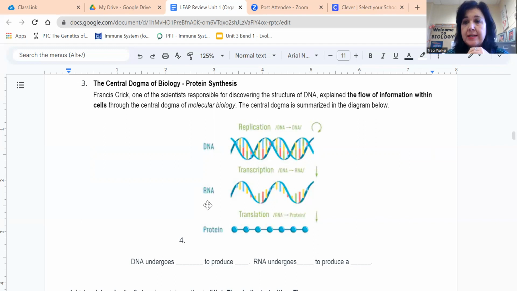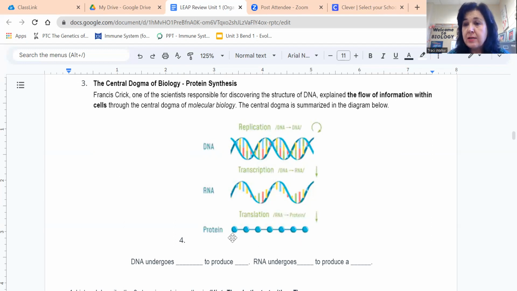So the RNA takes the code for how to make a protein out of the nucleus, finds the ribosome, and from there, the second step of protein synthesis takes place, and that is called translation. Translation is when the RNA code is translated by the ribosome into a protein.